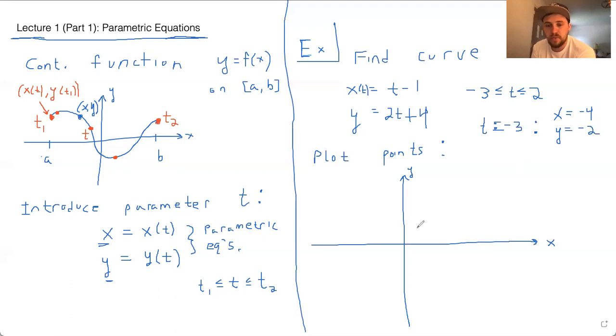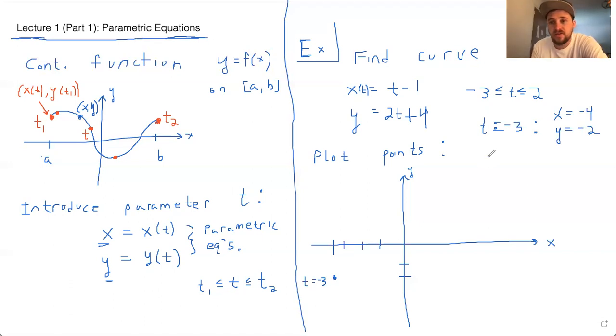So we know our first point on this curve is at -4, -2. So down here, this is the point where t equals -3.